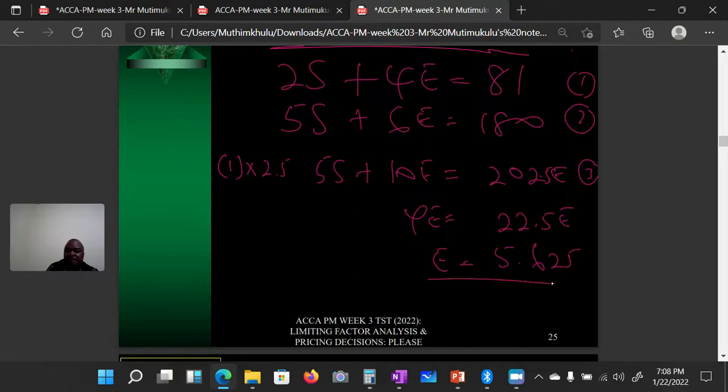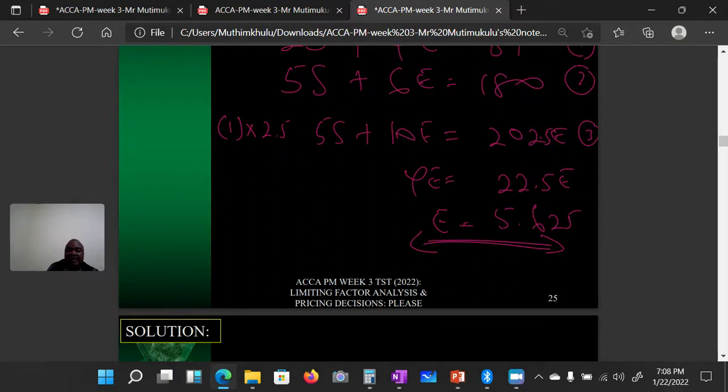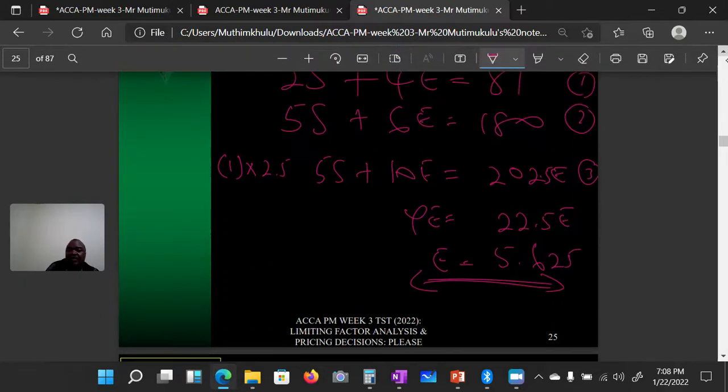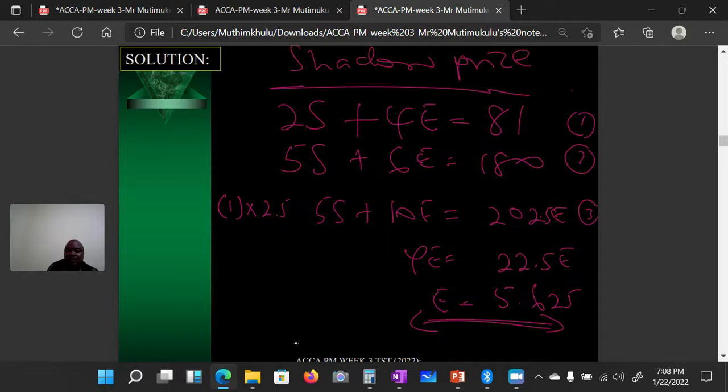E is 5.625. Then if E is 5.625, what becomes of equation 2? Let's substitute this into equation 2. Equation 2 was saying 5s plus 6e is equal to 180, and E we are told is now 5.625.